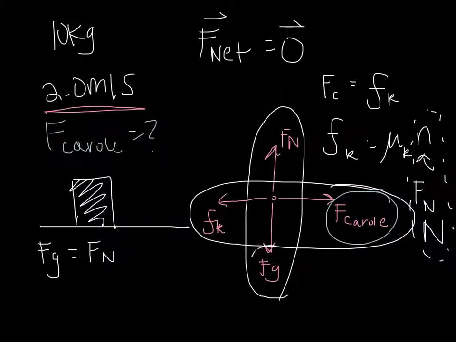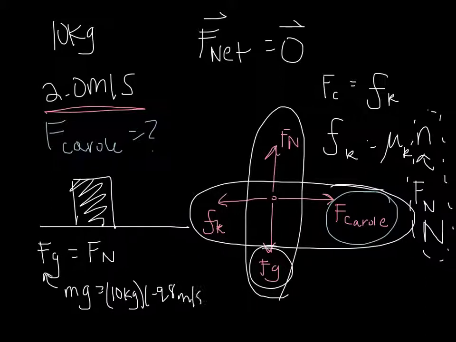And we know the force of gravity on this box because we are given the mass and we are assuming that we're here on Earth, so we have the acceleration due to gravity. So remember, F sub g equals mass times gravity, which equals 10 kilograms times negative 9.8 meters per second squared. This is a negative here.